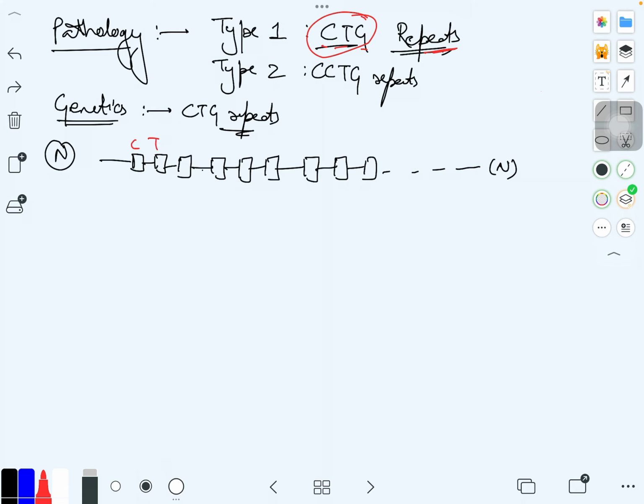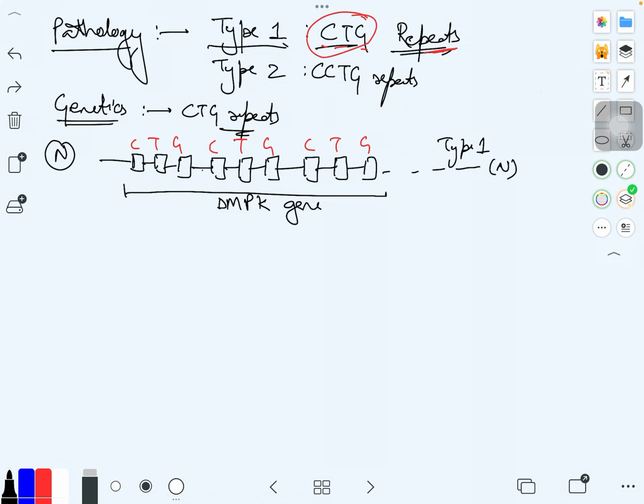Because it is CTG, it is type 1. In usual cases the normal number is within the limits. However, in type 1 the number increases in size, and because of this the pathology comes into role. And this CTG makes up and forms the DMPK gene.